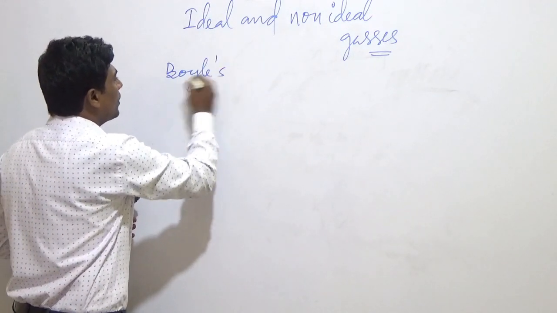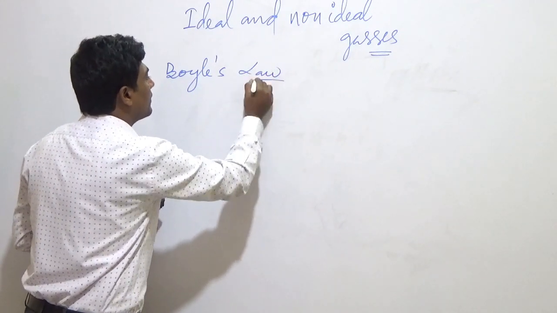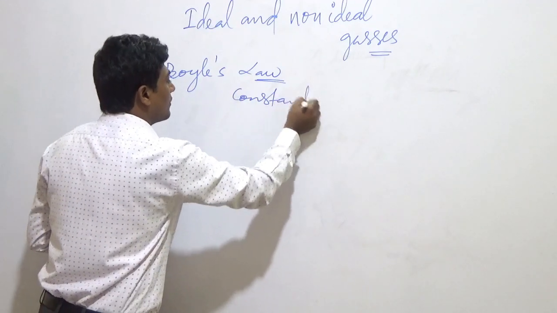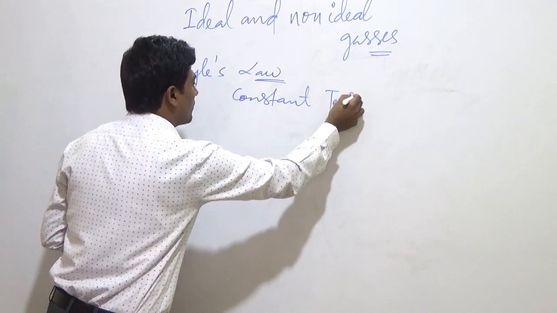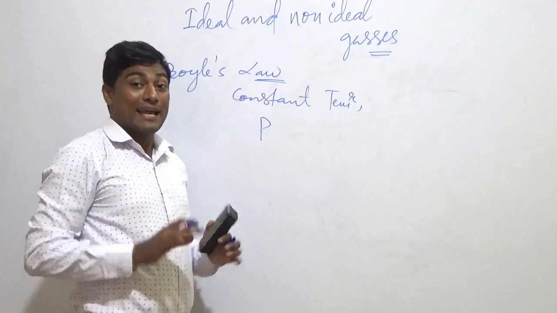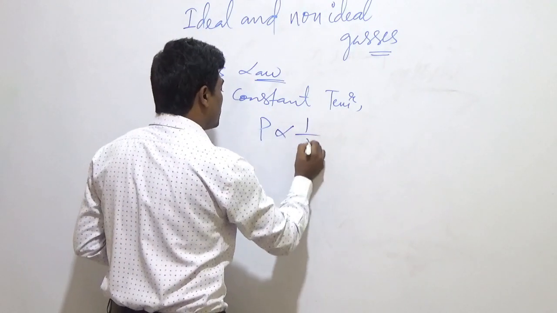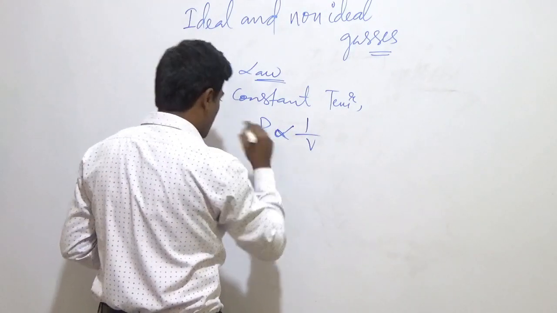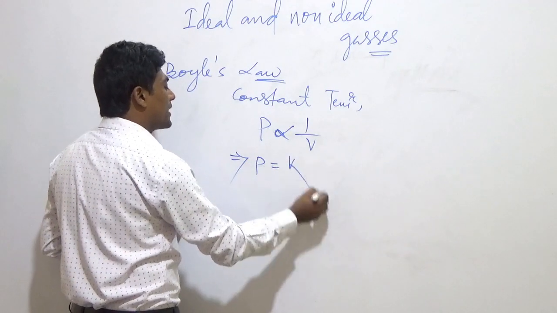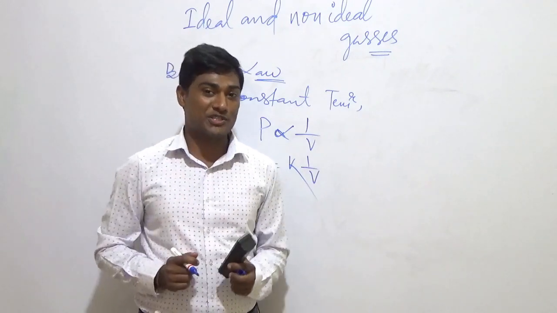In Boyle's law, we know it very well, that at constant temperature, the pressure of a given mass of gas is inversely proportional to its volume. So if you equate this, then P is equal to K times 1 by V, where K is the proportionality constant.